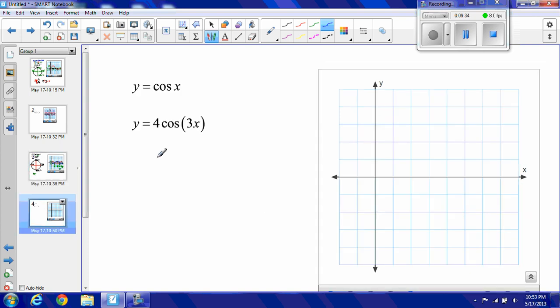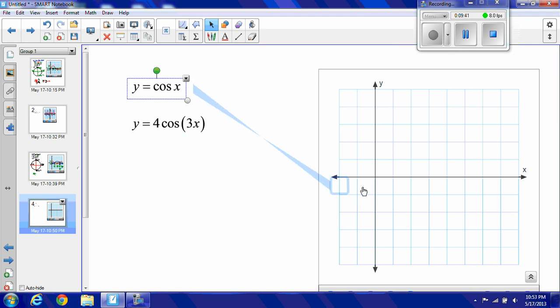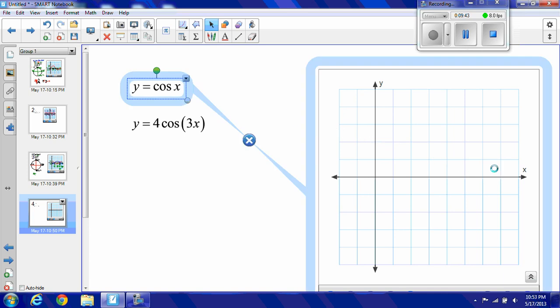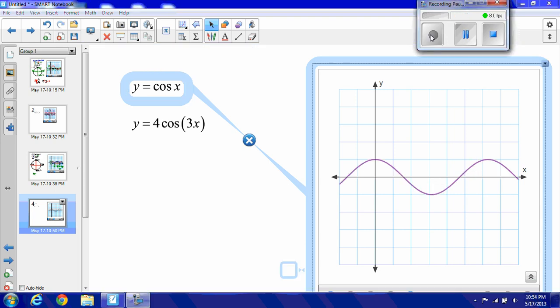So I'm going to graph my cosine function. Hopefully it won't change my axes. It didn't. There's my cosine function. I changed my axes just a little bit so it'll look a little bit more clear. But this is my cosine function. And you can see it starts here at 0, and it heads all the way down to the bottom.